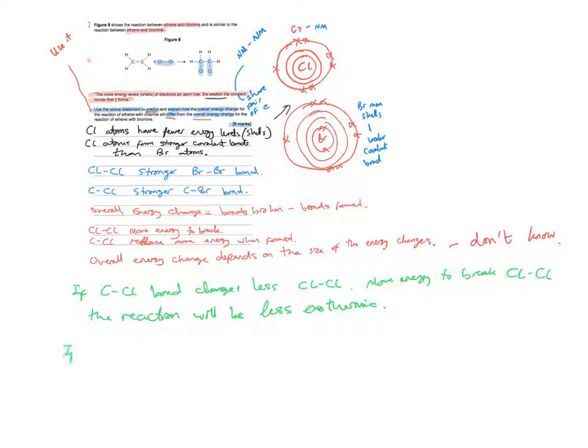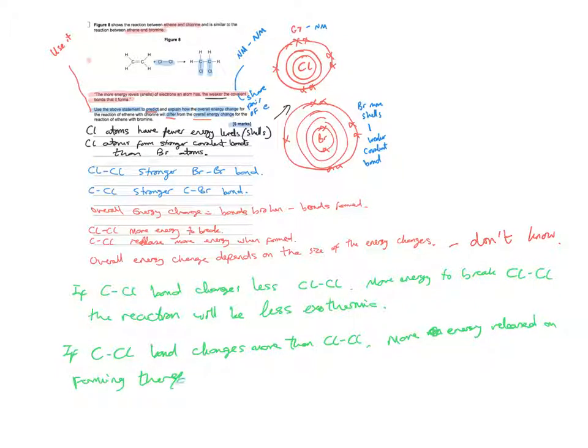Finally, if the carbon-chlorine bond changes more than the chlorine-chlorine bond, it means I've got more energy released on forming, therefore it's going to be more exothermic.